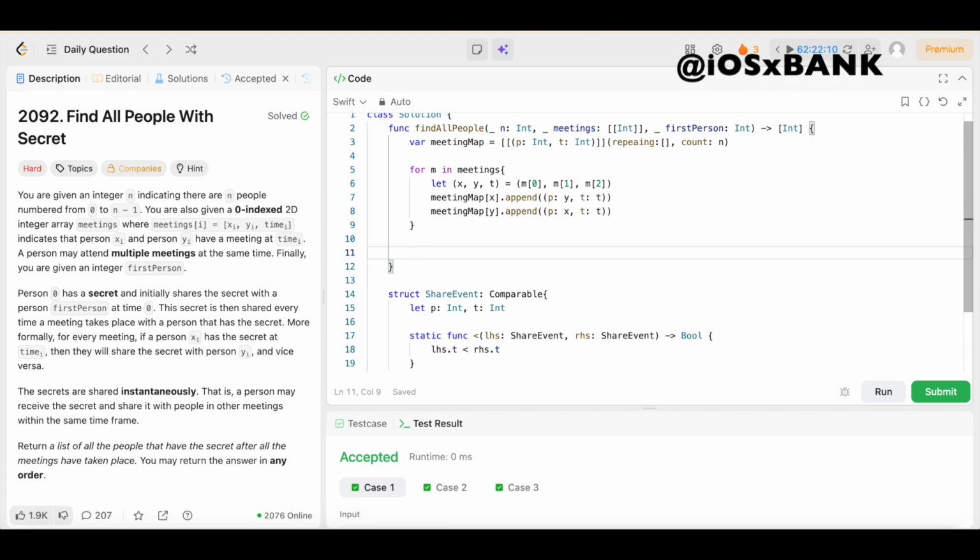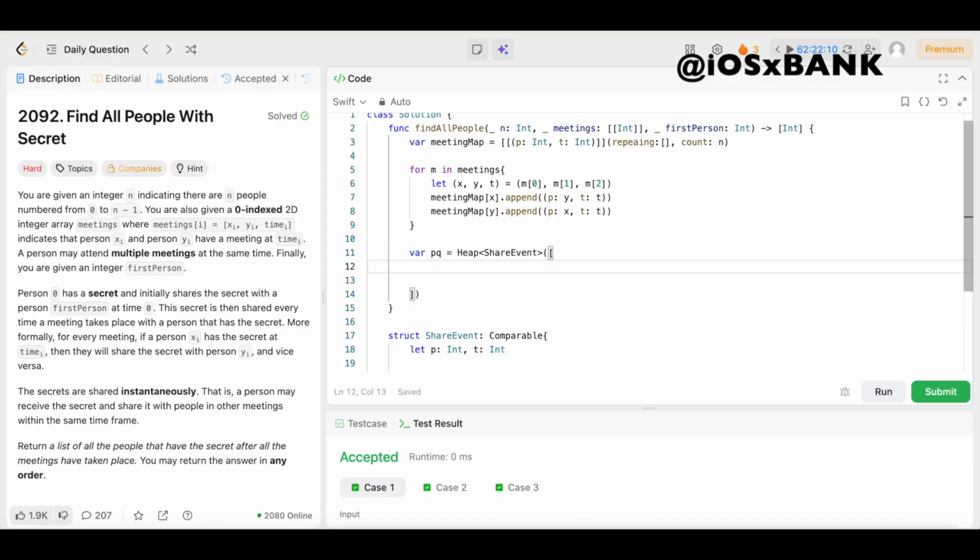Now we come back up here, and we'll come underneath this for loop right here, and we need a min heap priority queue ordered by time, starts with person 0 and first person both knowing the secret at time 0. So we're going to declare a variable called pq, set that equal to Heap less than ShareEvent greater than, open up the parentheses, open up the square brackets, and we're going to say ShareEvent, open up the parentheses, p colon 0, comma t colon 0.